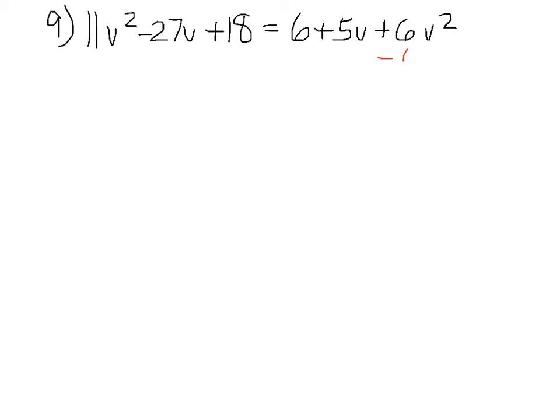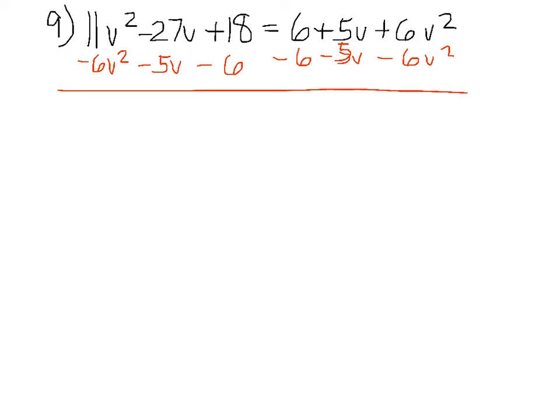So I'm going to subtract the 6v squared this way, and 5v subtract, and the 6. Subtract as well, so I zero out the right side. I get 5v squared minus 32v plus 12.